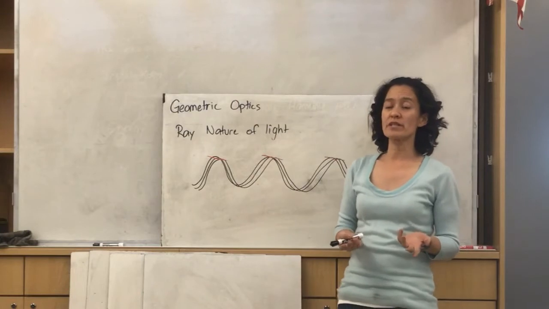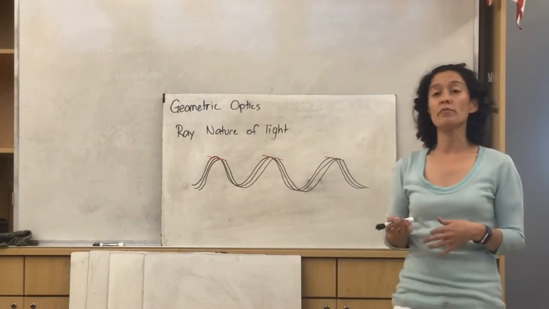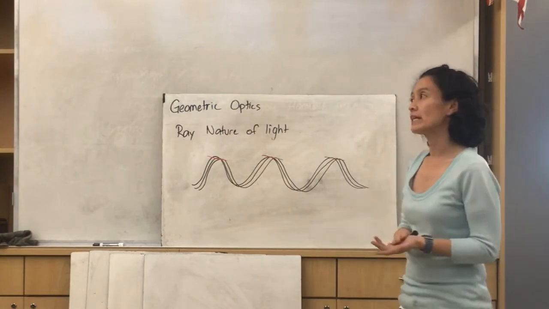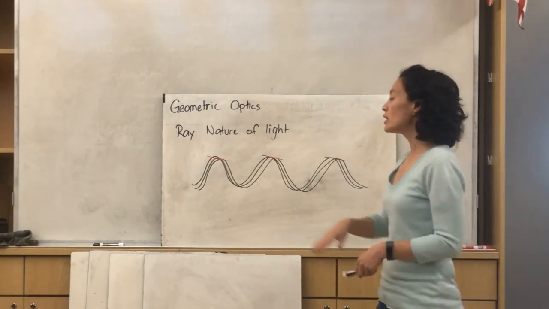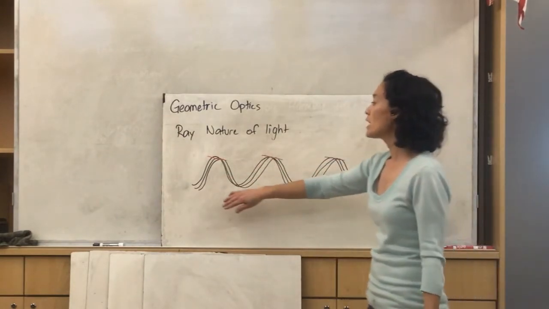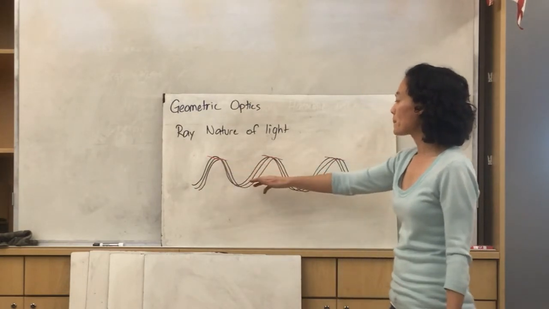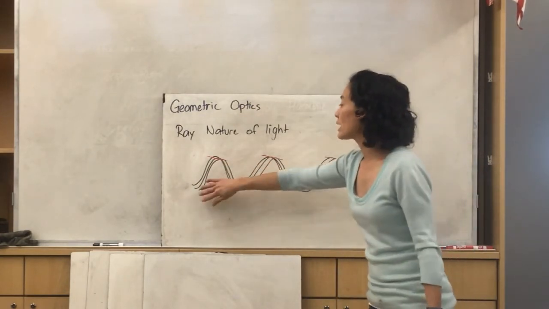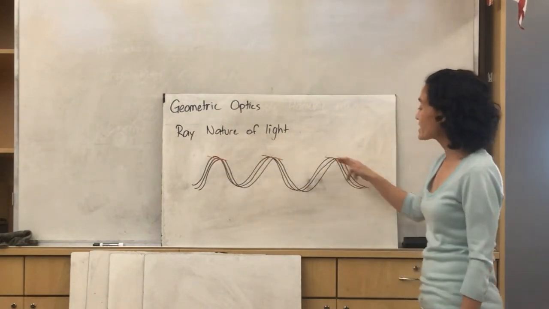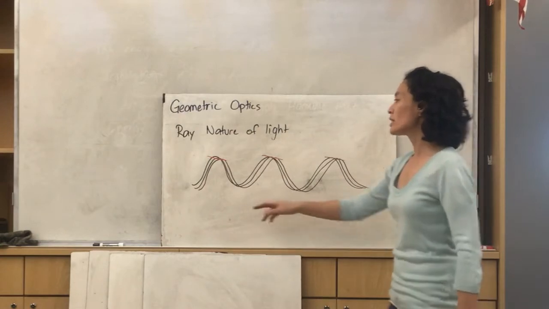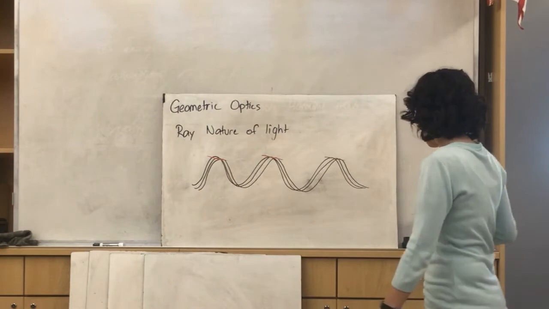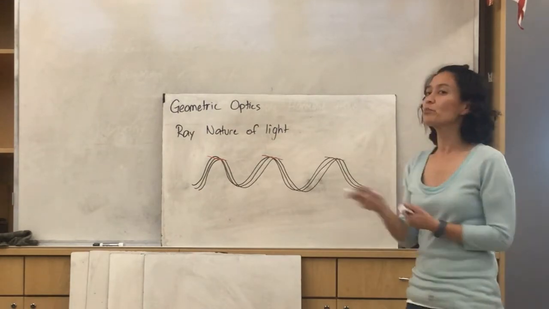Okay, so now we're going to focus on light waves, and it's often called geometric optics when we look at what's called the ray nature of light. For the ray nature of light, we know that waves behave in a sinusoidal fashion. If we have a collective wave, a bunch of light waves moving together with their crests kind of uniform, rather than look at the individual crest and trough nature of the wave, we look at the direction of propagation of the wave.